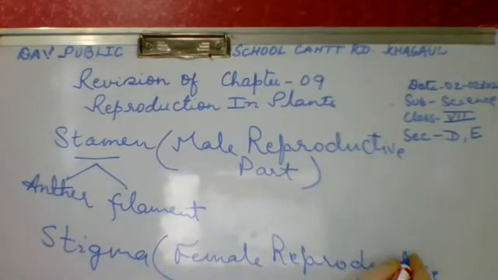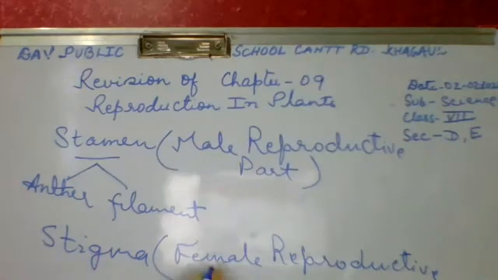So, who will repeat this answer? Shivam. What is the difference between unisexual and bisexual? Unisexual flower. The flower having either only pistil or only stigma is called a unisexual flower. And bisexual flower. Pistil and stigma are the same thing.